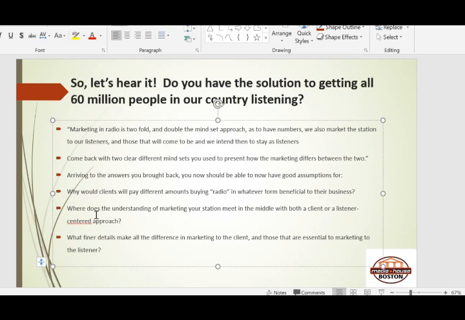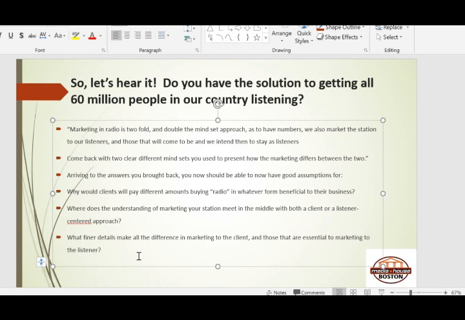So I know that I've answered the first one. Try the second one, because this is the thing. Where does the understanding of marketing your station meet in the middle with both the client and the listener? So it's not listener to new listener. We're saying, where does it meet in the middle for the client as well as the listener?